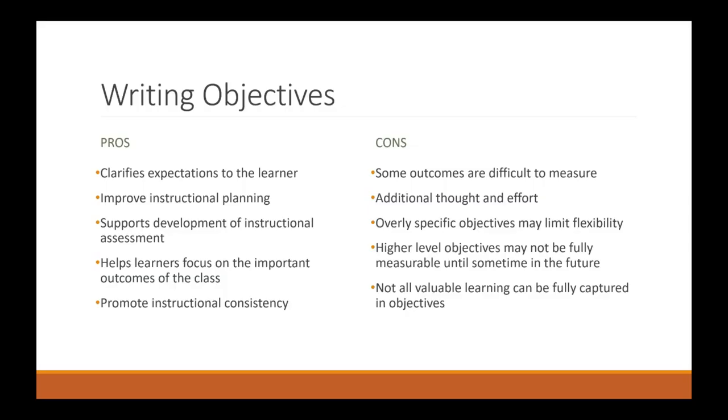Overly specific objectives may limit the flexibility of what you are trying to deliver content-wise, which leads into higher level objectives that may not be fully measurable, or may not be measurable until later, after some experience or time has occurred and you can assess the outcome.